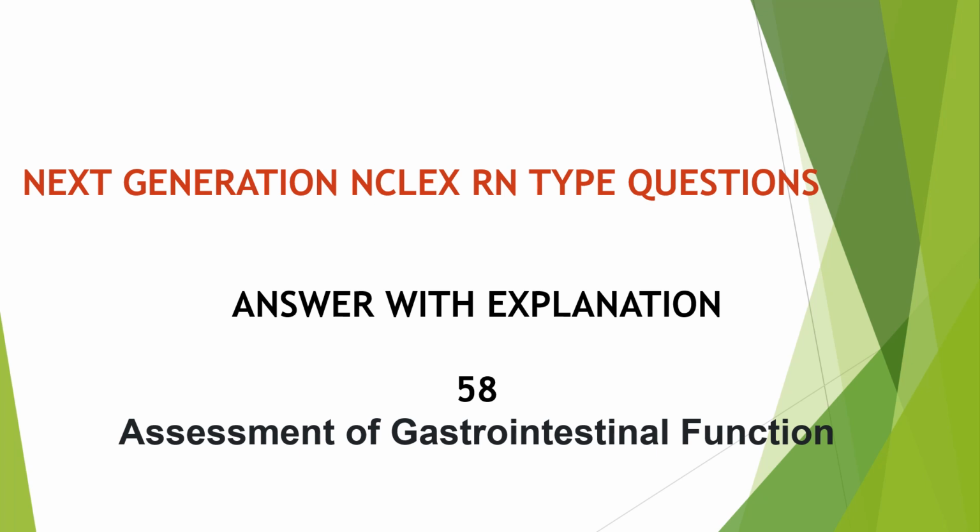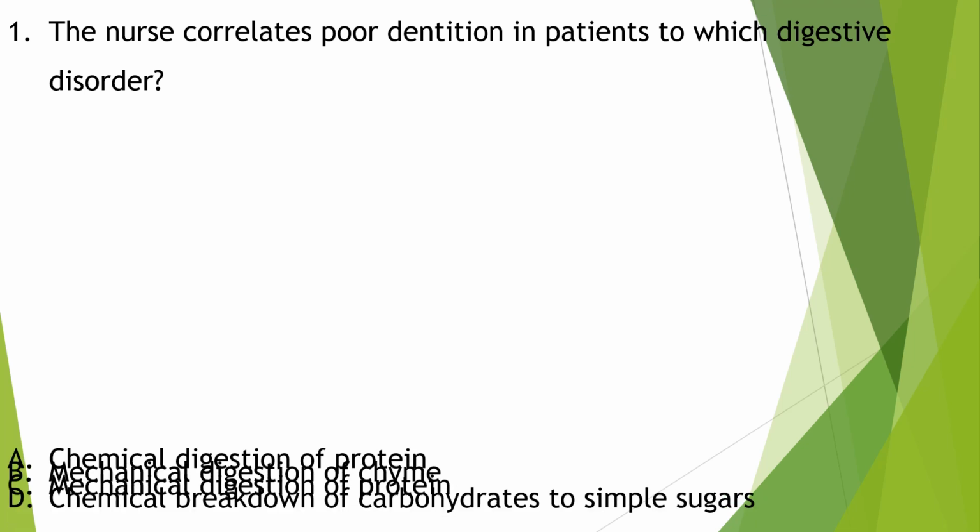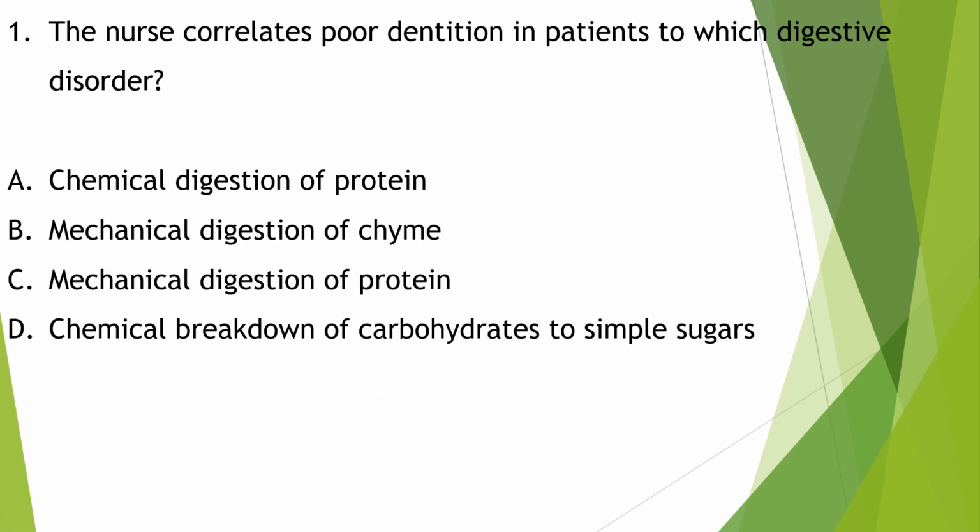Let's see an NCLEX RN video on assessment of gastrointestinal function. The nurse correlates poor dentition in patients to which digestive disorder? Chemical digestion of protein, mechanical digestion of chyme, mechanical digestion of protein, chemical breakdown of carbohydrates to simple sugars.